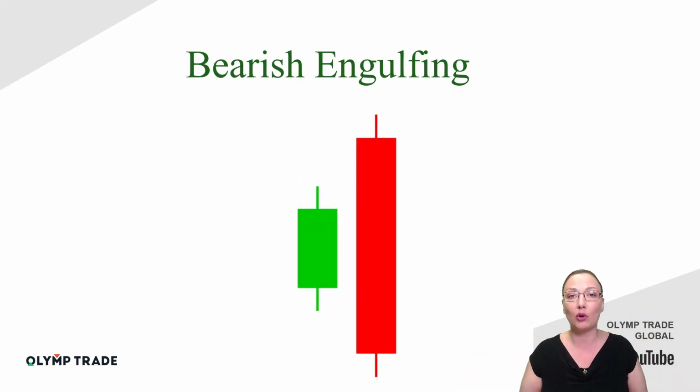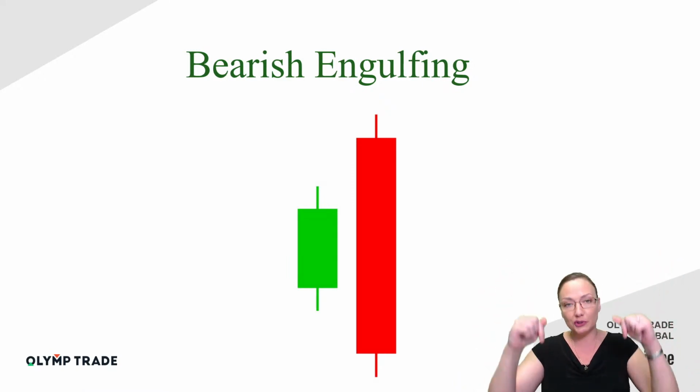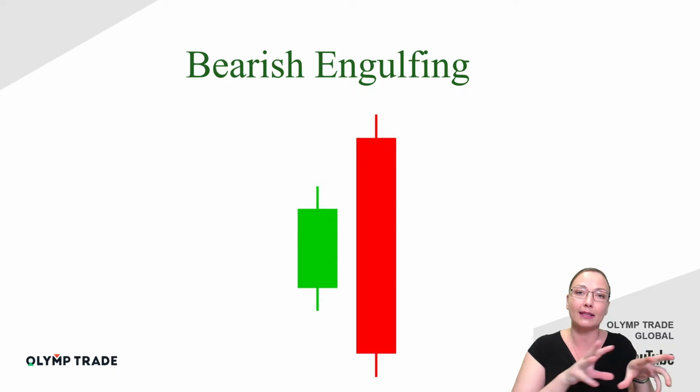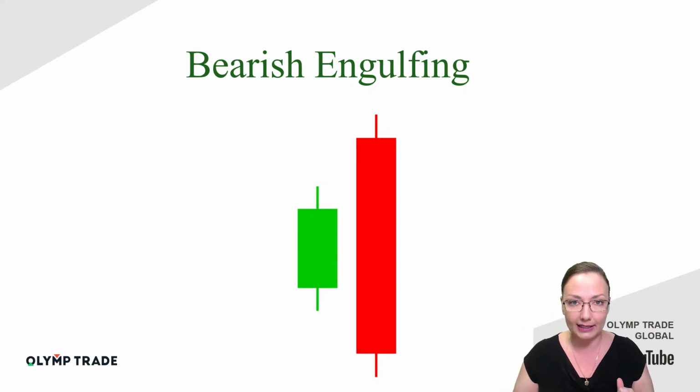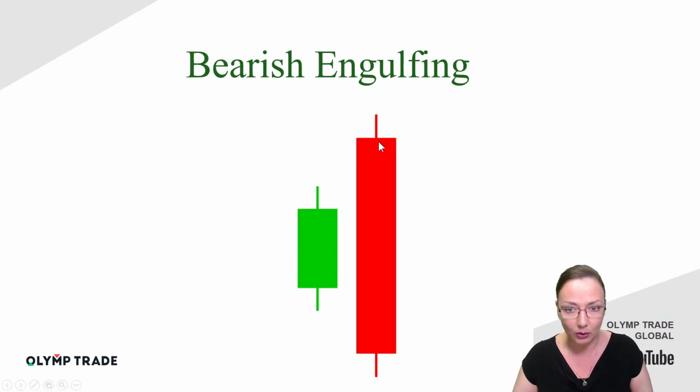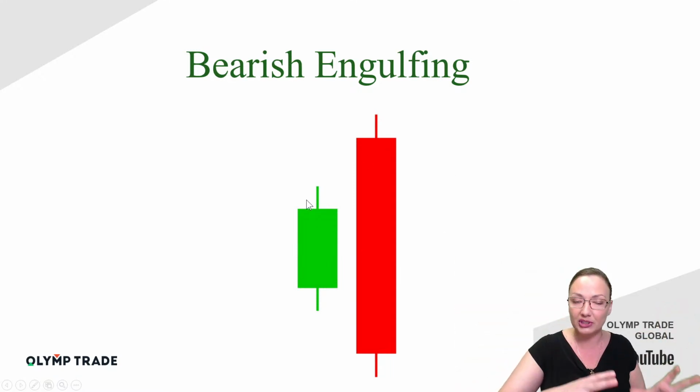A bearish engulfing is a reversal pattern to the downside. So we're going to find this kind of pattern at the end of an uptrend whenever the price has met resistance. And just like with the bullish engulfing, the main thing we have to look for is for the second candle, this red candle, to completely cover, engulf and swallow the first candle.